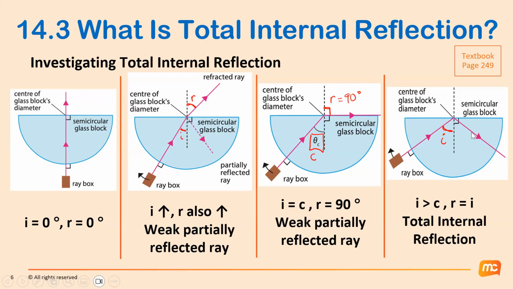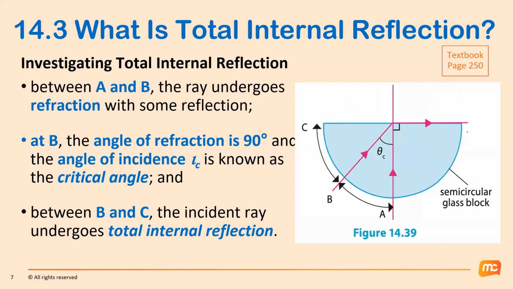When I bend inwards, my angle I will become equal to my angle R again. I will obey the law of reflection. So we say that all the rays are totally internally reflected. There is no refraction taking place, no light ray that comes out of the glass block. Everything gets reflected back in.